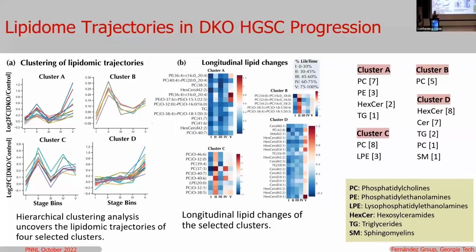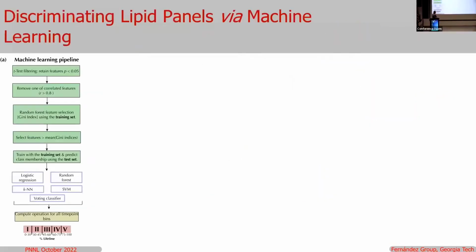But you know, this is the type of thing that you can do on a first pass. Of course, you can do more than that. You can say, okay, what would be the best panel if we wanted to discriminate animals that have cancer versus those that don't have cancer? And this is where really the bioinformaticians go to town, and they spend a lot of time applying very different models. Our pipeline is described here.